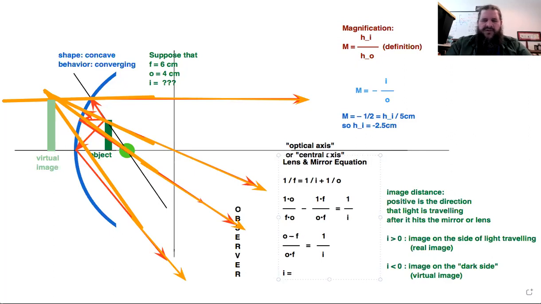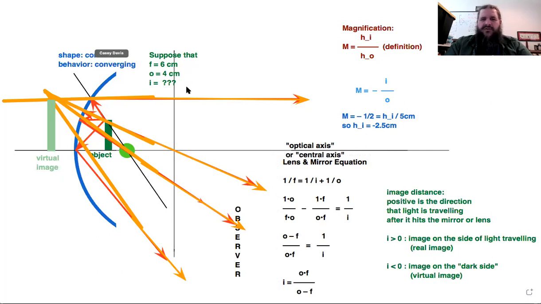Yeah, we just flip the fraction on both sides, invert both sides, and we get I, the image, equals O times F over O minus F. So we now have a general formula for the image distance.